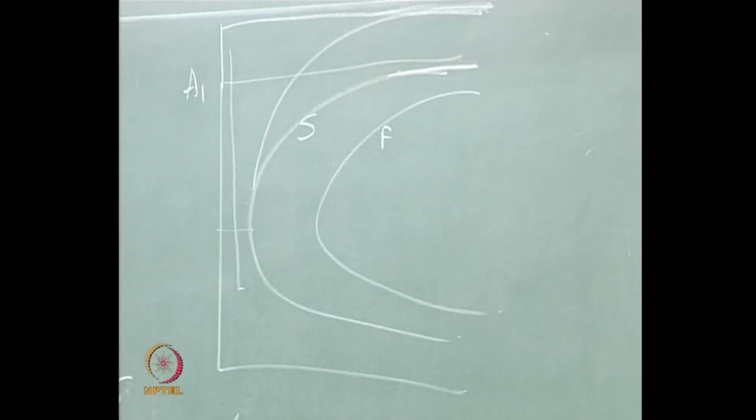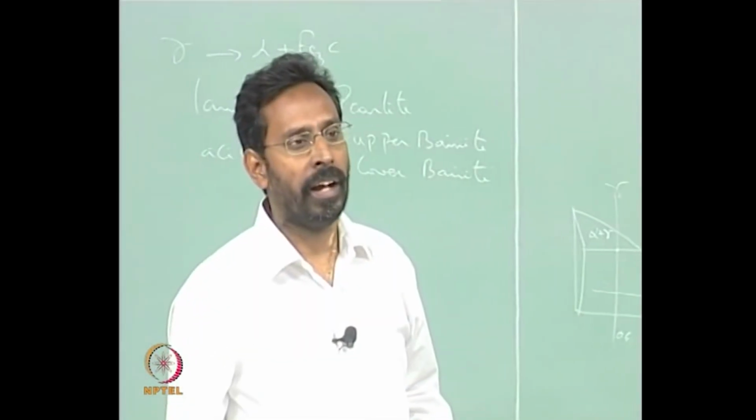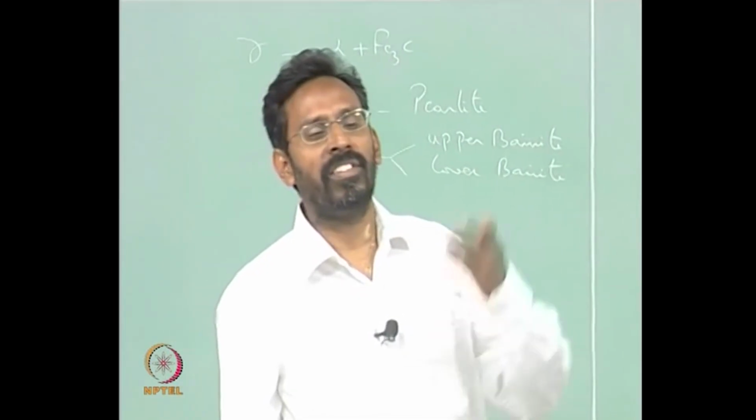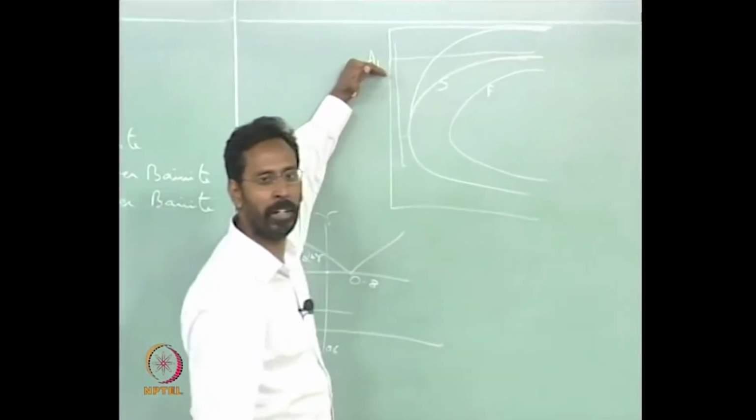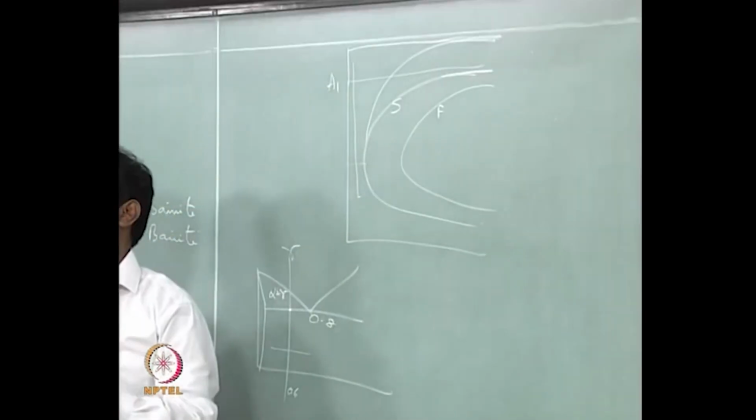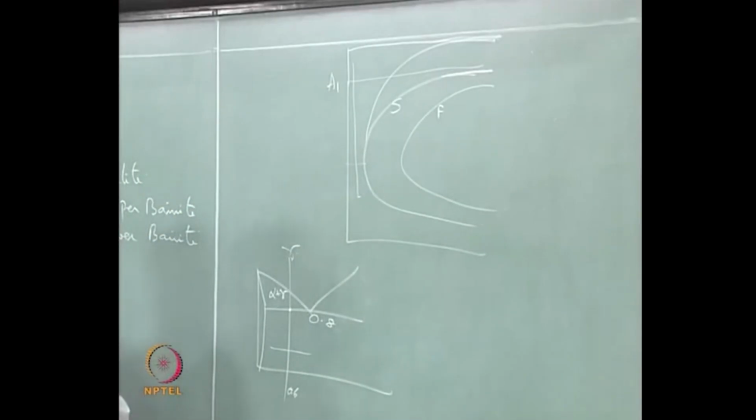What does that indicate? Yes, it indicates that the incubation period increases significantly. In fact, the incubation period, as you reach the A1 temperature, actually becomes infinite. That means the start of transformation itself takes an infinite time.